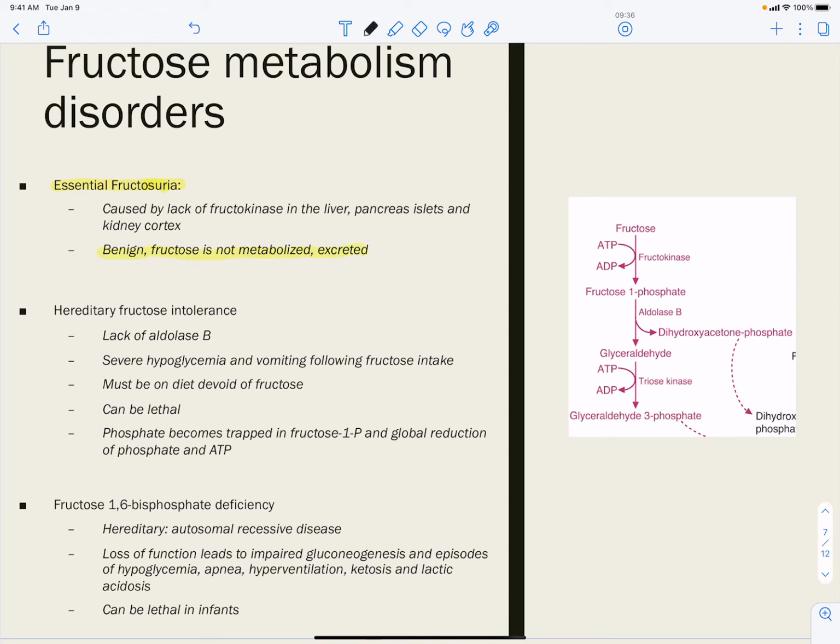Now, one other thing to keep in mind with glucose is you can actually make fructose. This occurs when you have too much glucose. So again, going back to diet, if you take in too much glucose, there's only so many places your glucose can go.